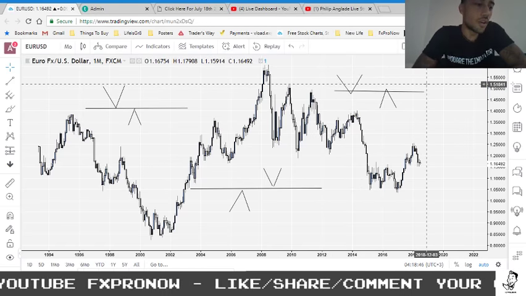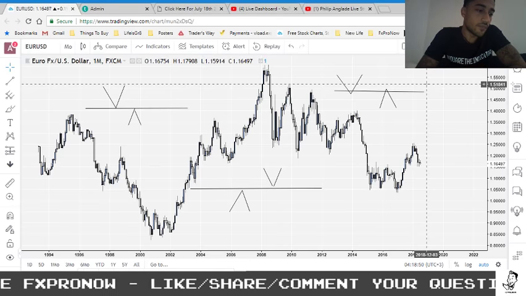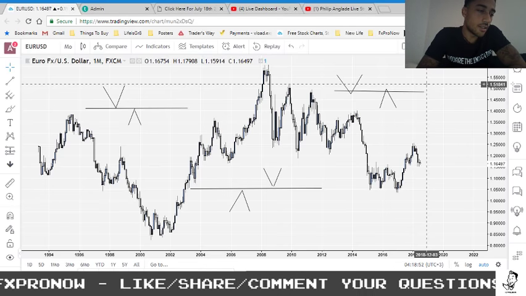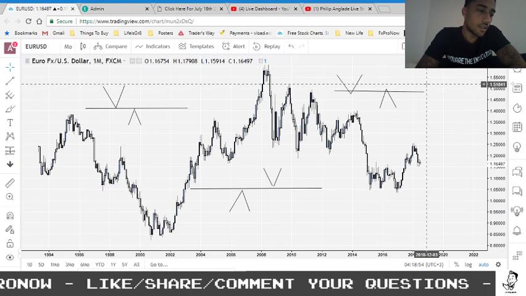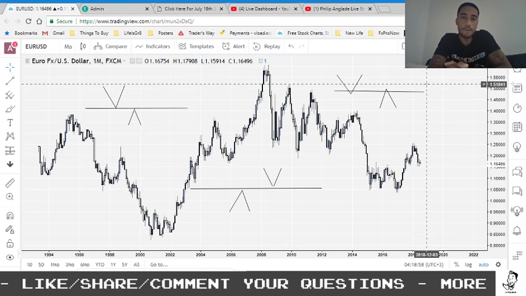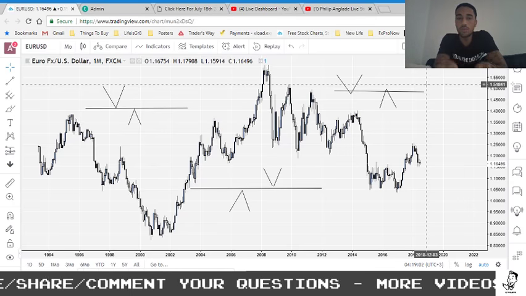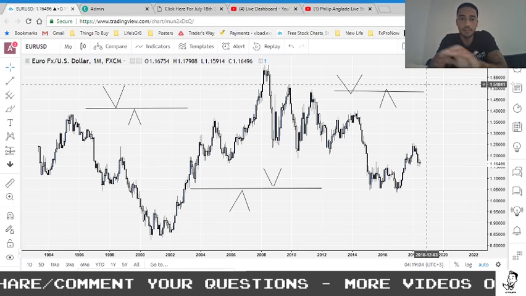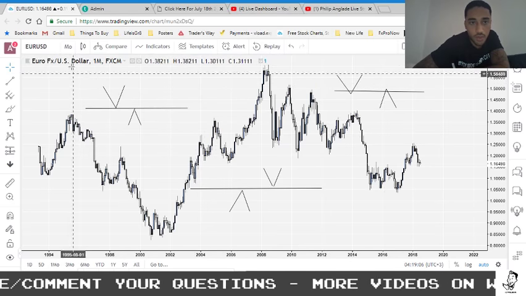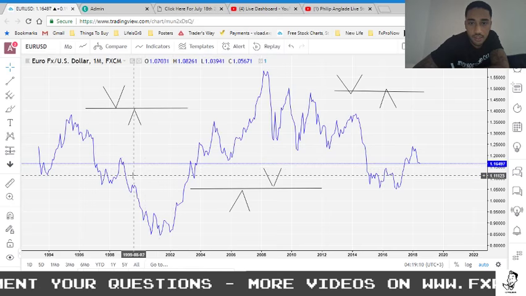Now, when it comes to drawing these monthly and weekly key levels, is this done on the line chart? No, nothing is ever done on the line chart. You can do it on the line chart, but when you do it on this, it just works out well. Let me show you what it looks like on the line chart.